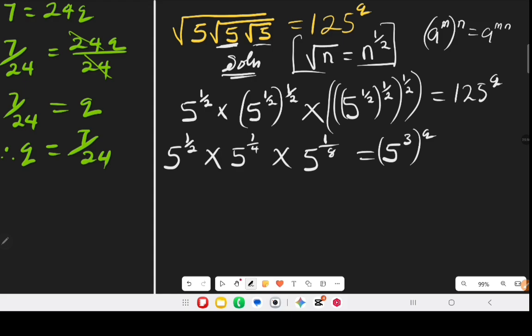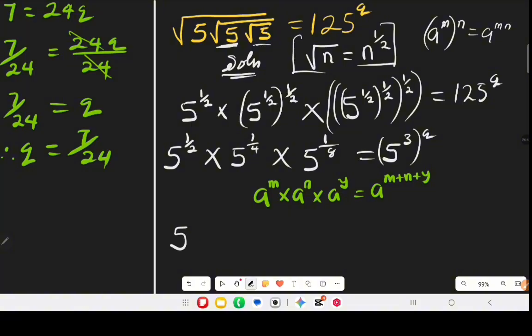We use the law of indices that states that whenever we have a raised to the power of m times a raised to the power of n times a raised to the power of y is equal to a raised to the power of m plus n plus y. Since they have a common base, this will change to 5.